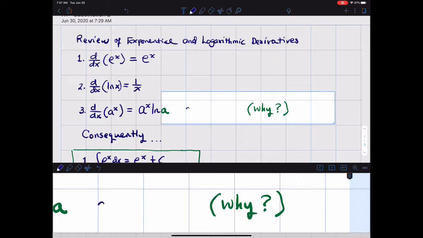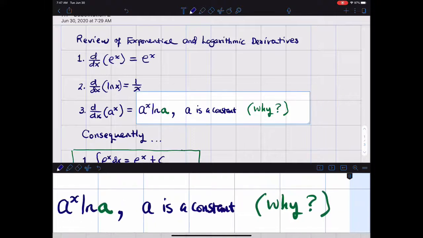So a is any constant. So my question is why? Why is this so? Let me rewrite it in blue.